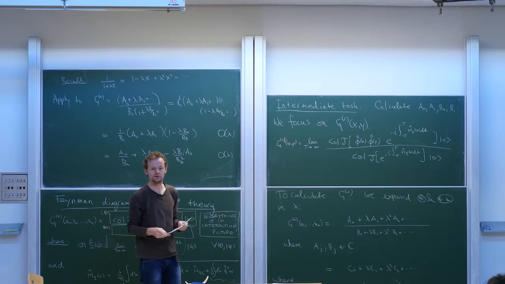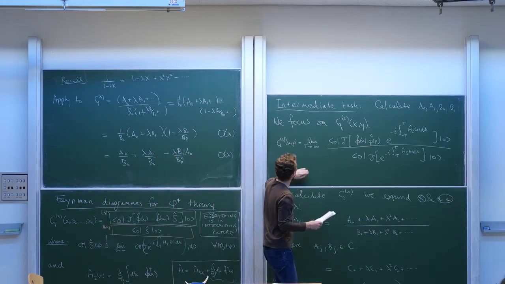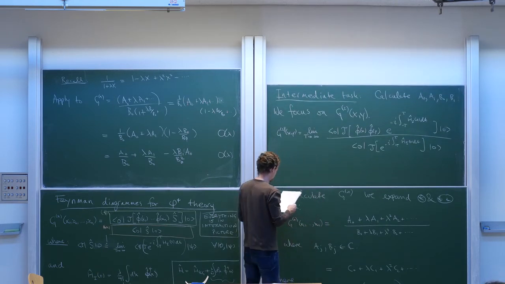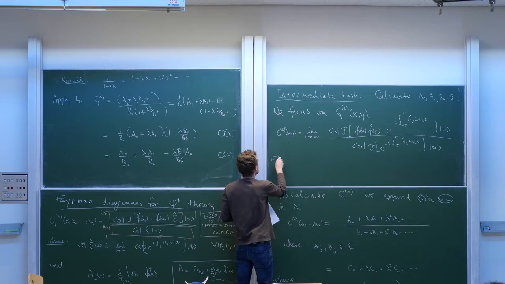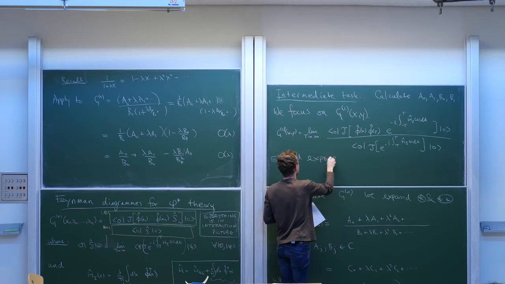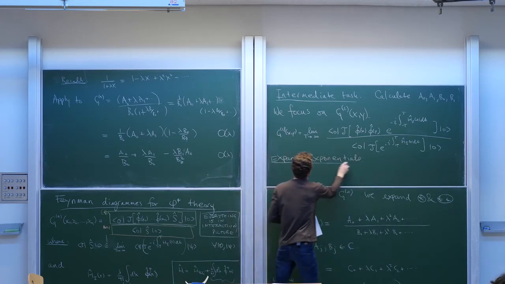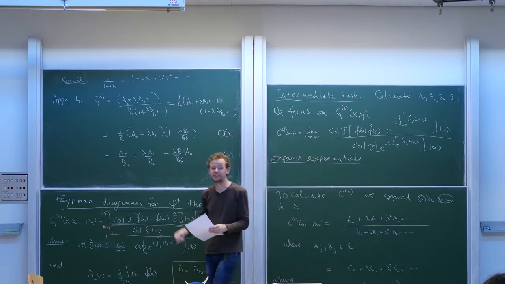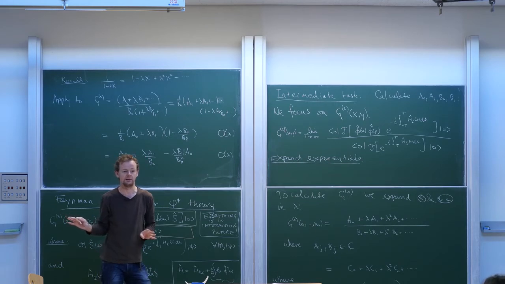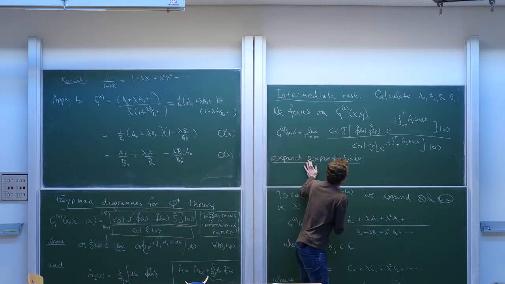I've just rewritten the definition again for G, specifically for G2. To get our power series in lambda, we know at least how to do one expansion here, and that's the expansion of the exponentials. So let's do that now.